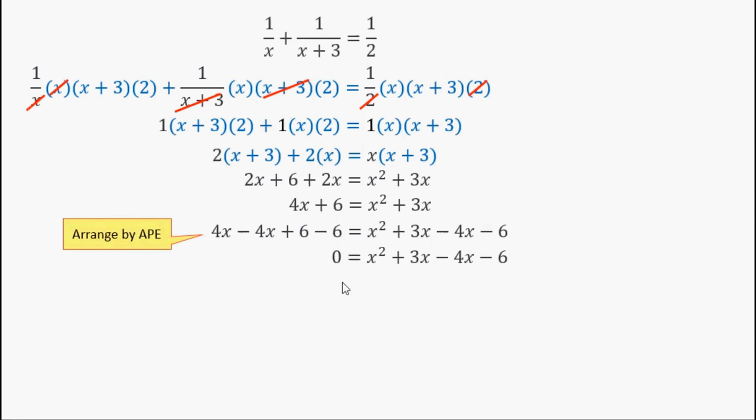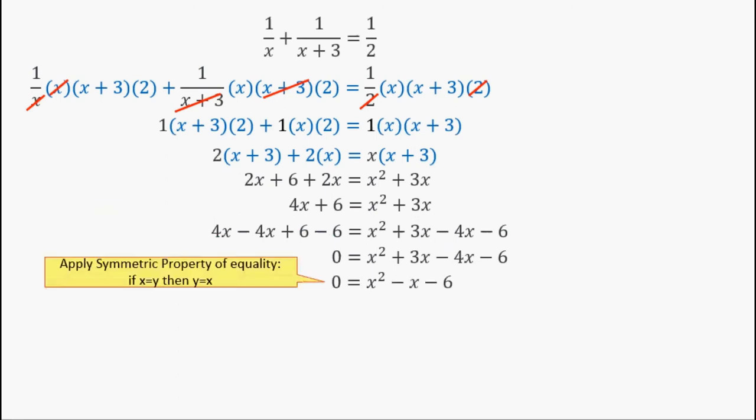And on the right side, naging x squared plus 3x minus 4x minus 6. Combining like terms, yung 3x and negative 4x, we have 0 is equal to x squared minus x minus 6. Actually, ito okay na yan.